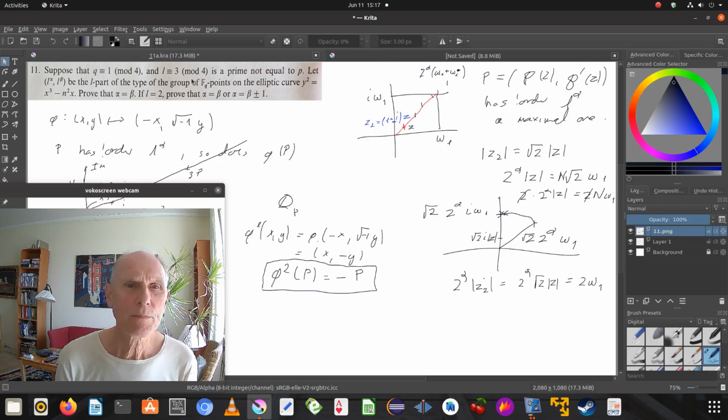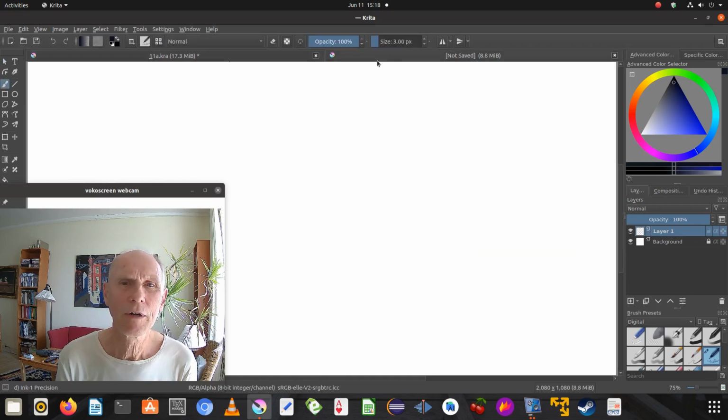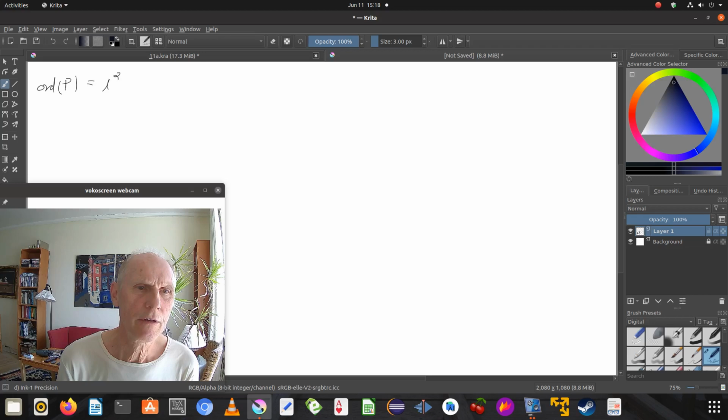Now let's take the first part and assume that we have a generator of the largest subgroup, or a power of L. So P, order of P is L to alpha, and alpha is maximum.